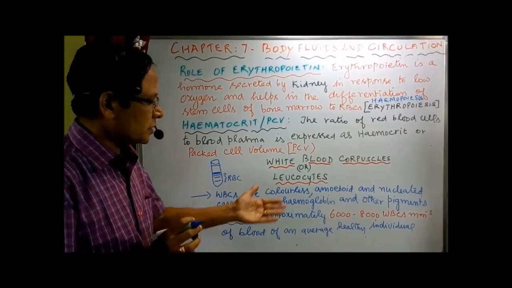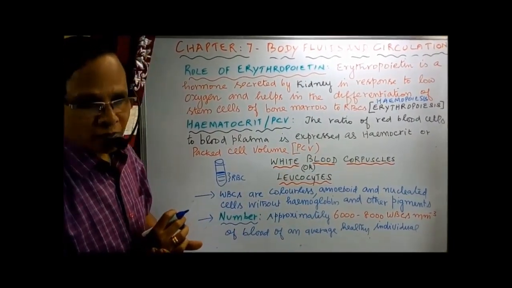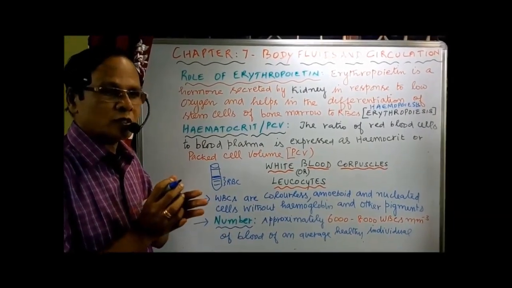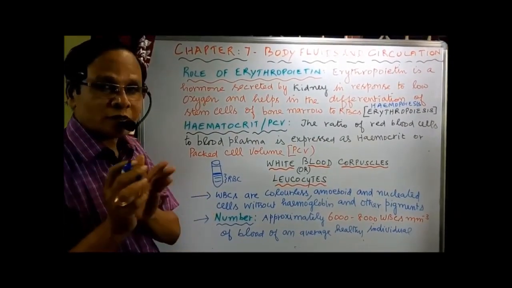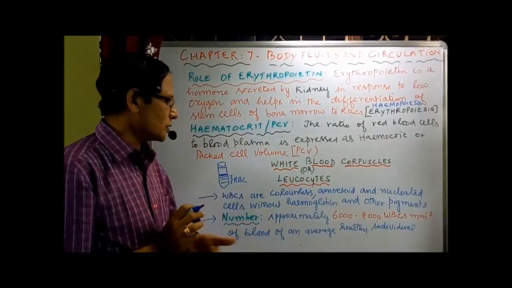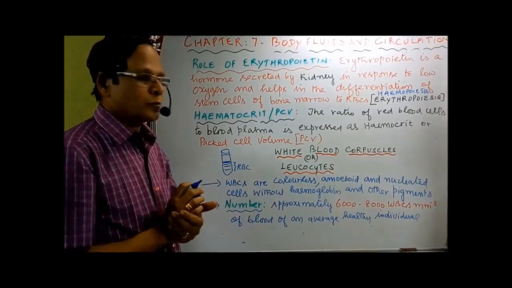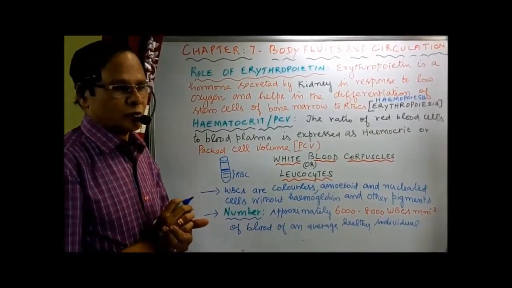That is about the least number. The ratio I mentioned already, 1:700. For every WBC there are about 700 RBCs, because RBCs are in millions, while here they are found only in thousands. So we have 6,000 to 8,000 WBCs per cubic millimeter of blood in an average healthy individual.